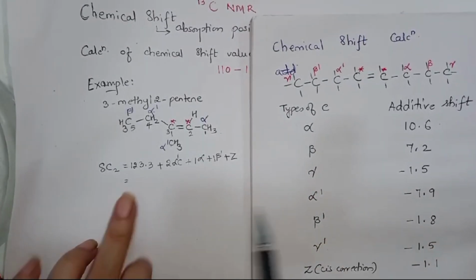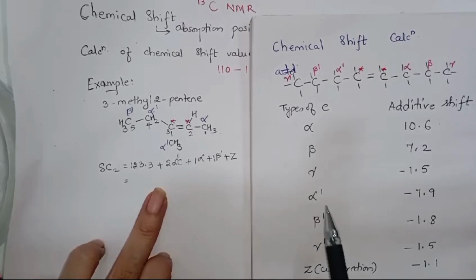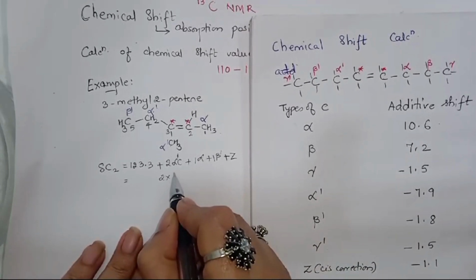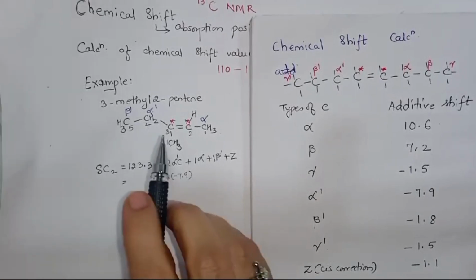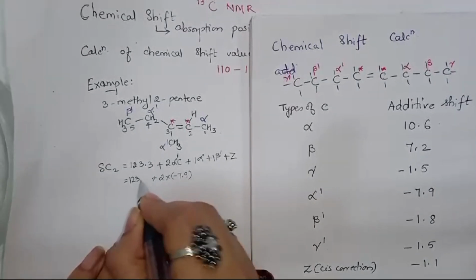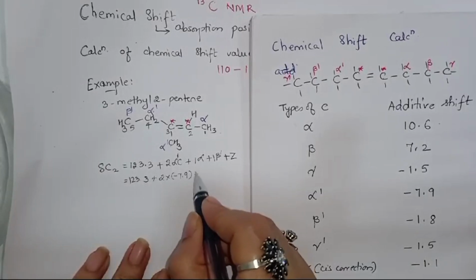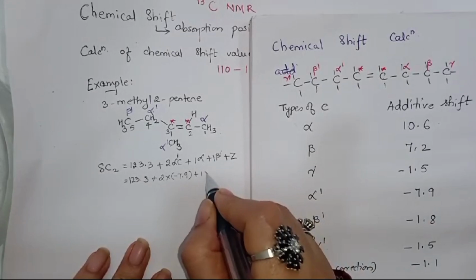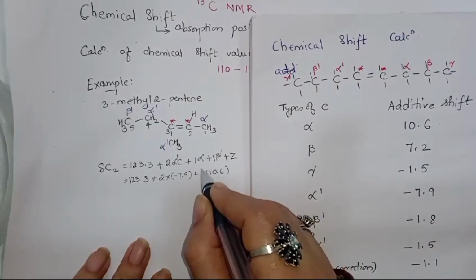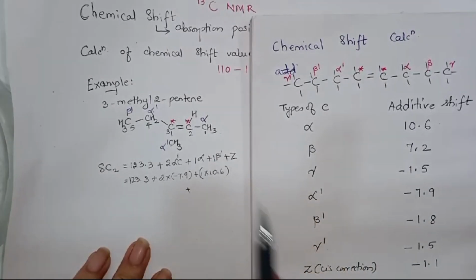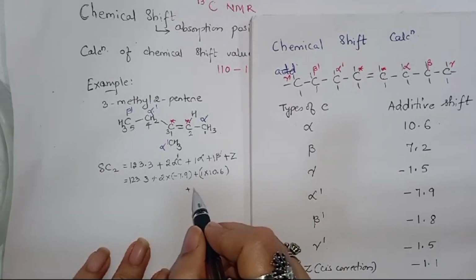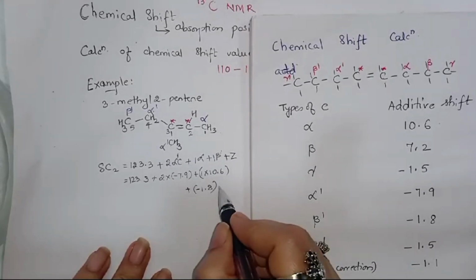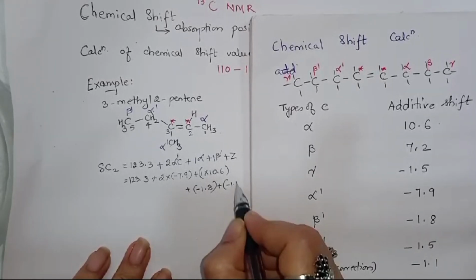Let us substitute the values. 2 alpha dash carbons, alpha dash is minus 7.9, 2 into minus 7.9, 123.3 plus 1 alpha, alpha is 10.6, plus 1 beta dash, that is minus 1.8, plus the Z correction, that is minus 1.1.